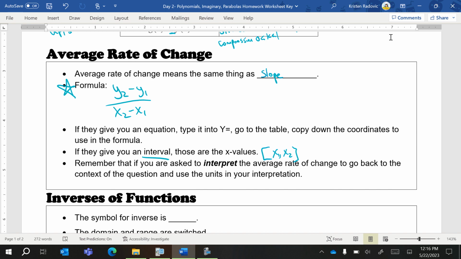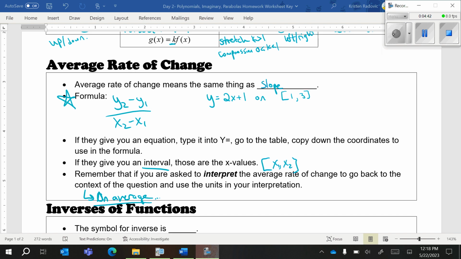But you can't just say mathematical things. You have to relate what the problem is actually talking about. And you want to start all of your explanations off by saying on average, because we don't know what's legitimately happening, but the average rate of change is an estimate. It's an average value. It's not exact.